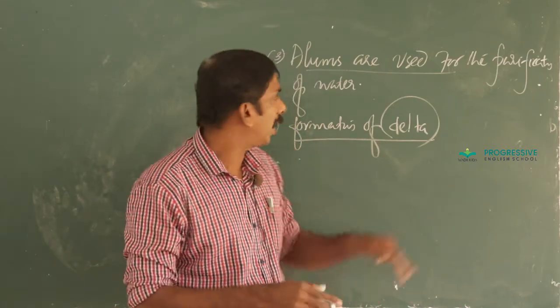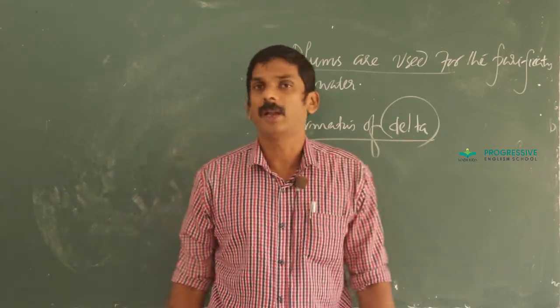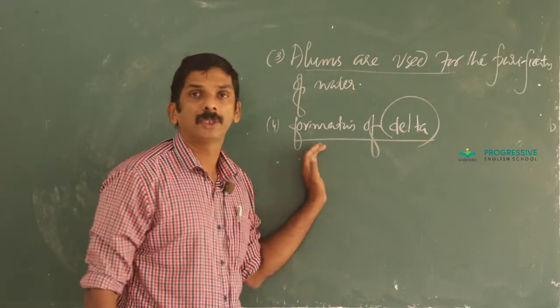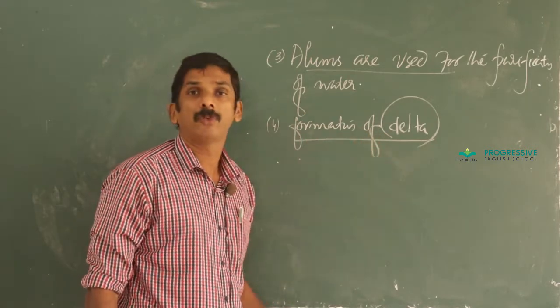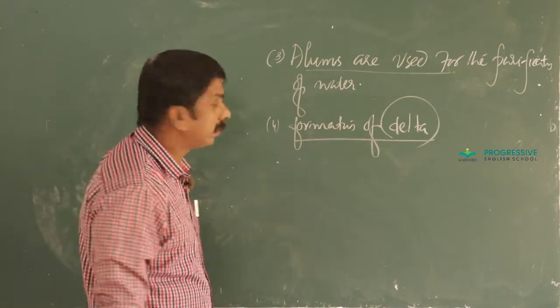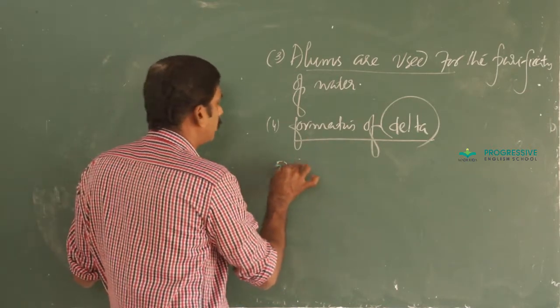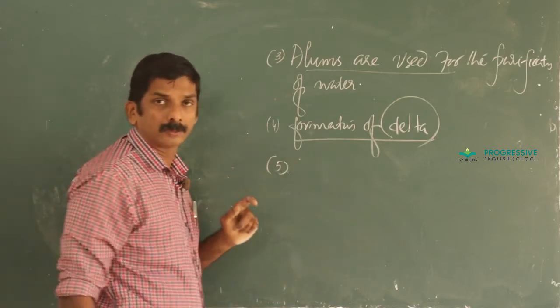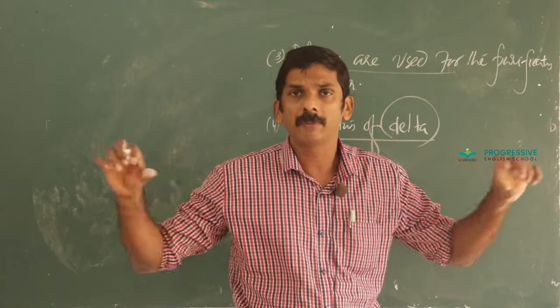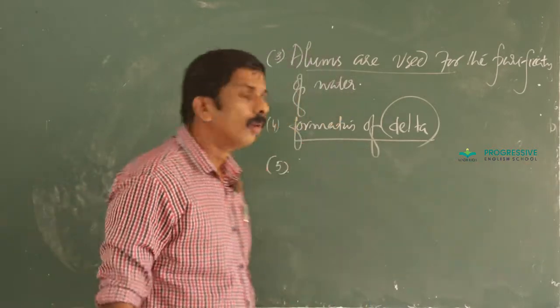In course of time, that develops into delta. That is why delta is formed. Plenty of fishes as well as that soil is somewhat fertile, etc. That is delta.